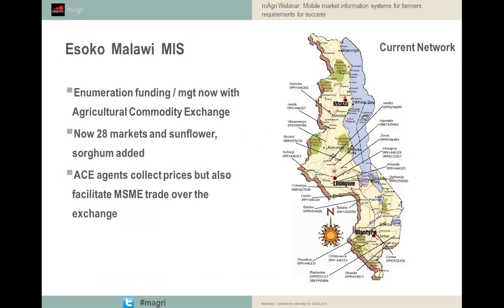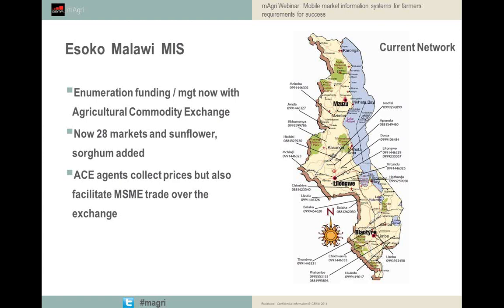So at this point, the project is moving from a project-sponsored or a project-run MIS powered by Esoko to an Esoko-owned and managed MIS, and that is our public-private partnership with them. Currently, the project is not paying any enumeration or management costs.